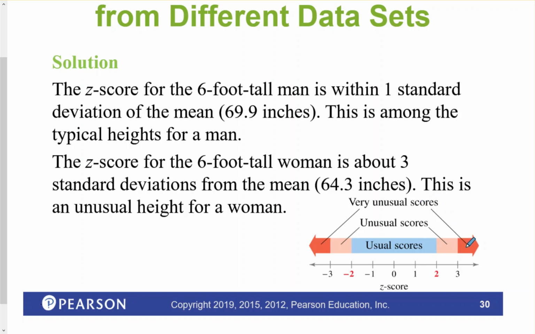So if it's past the 3, that falls into the 0.3% outside. Maybe 0.15% on this end and 0.15% on that end, but those would be very, very unusual.